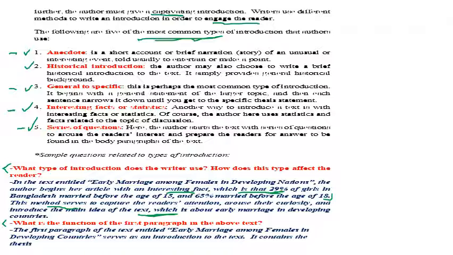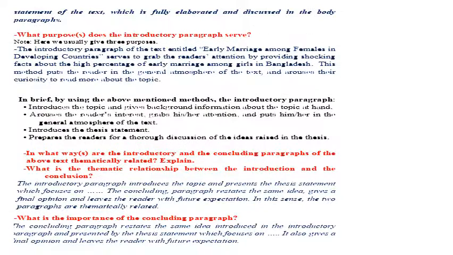You read it, you would generally say the first paragraph of the text entitled Early Marriage Among Females in Developing Countries serves as an introduction to the text. It contains or holds the thesis statement of the text, which is fully elaborated and discussed in the body paragraphs.